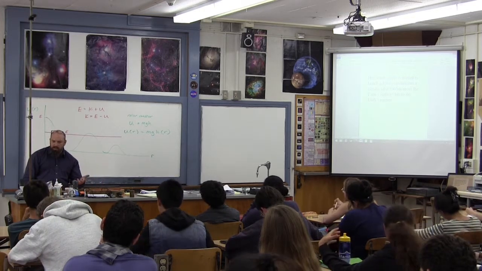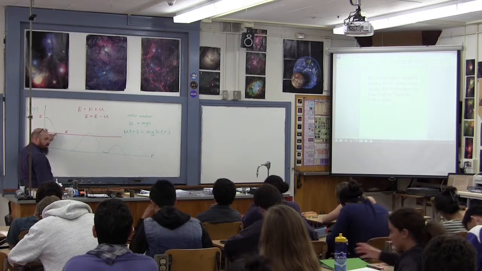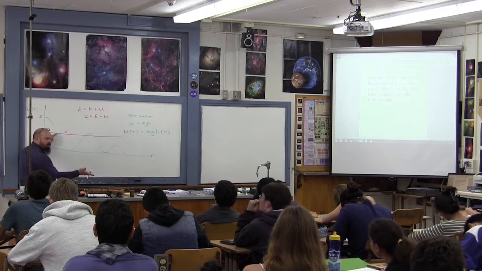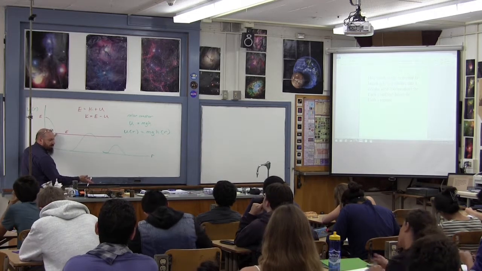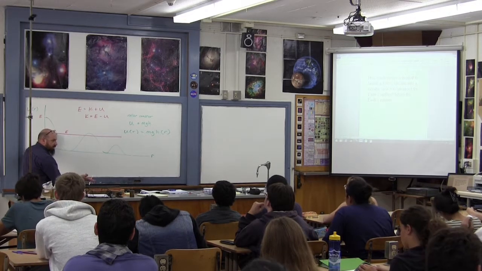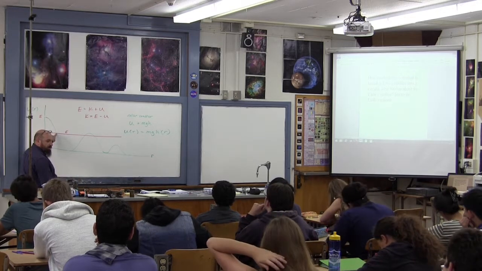If I give it less energy, let's briefly examine, first of all, what happens right here in terms of the energy. What is the kinetic energy K equal to right here? It's equal to 0. The difference between the red, E, and the green, U, is equal to 0. The kinetic energy right there is equal to 0. All the energy is potential energy.